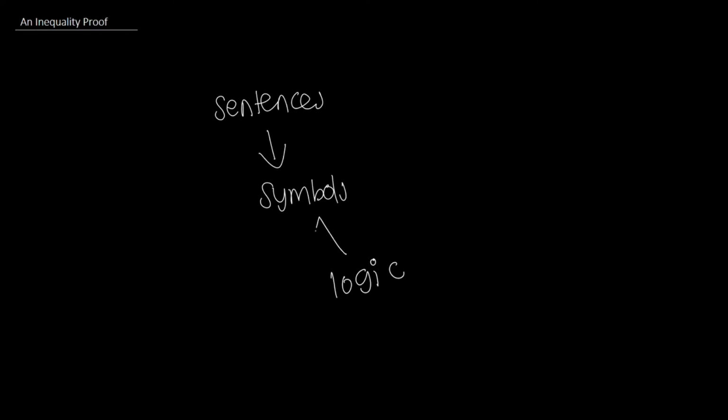Hello and welcome to the fourth video on proof and logic. The goal for today's video is to be able to involve a little bit more math into what we are trying to do. A lot of what we did in the previous videos was using literal English sentences, and we convert them into symbols, and we use logic on those symbols.